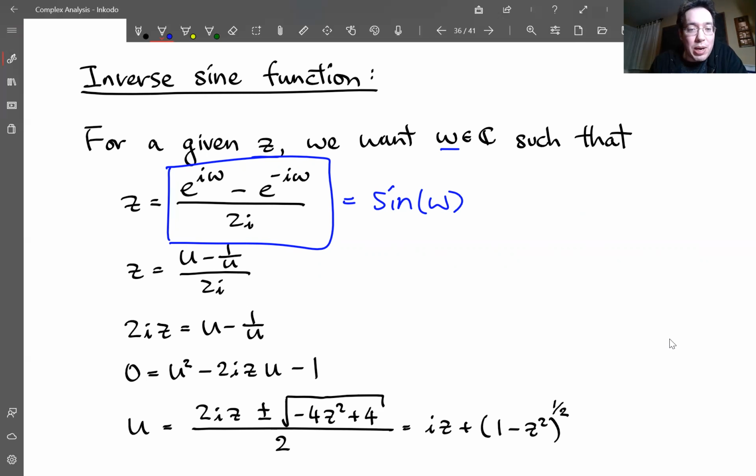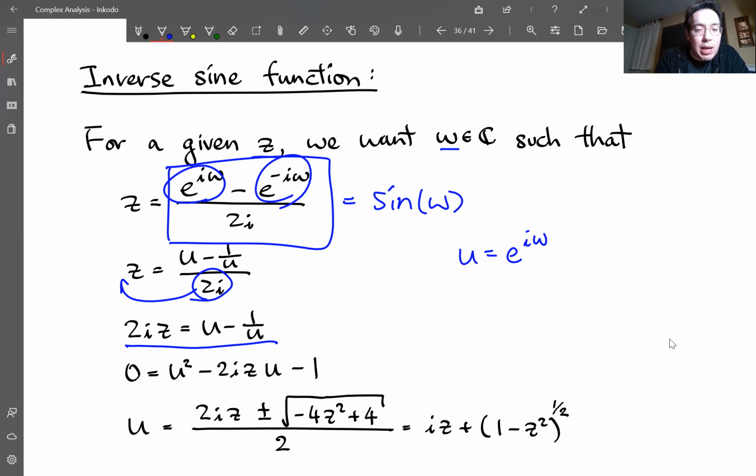Okay, so what I'm going to do here is simplify a little bit. We're going to substitute u equal to e to the iw. So this part is equal to u, and e to the negative iw we could just rewrite as 1 over u because of the negative exponent. If you bring 2i to the left-hand side, we get this.